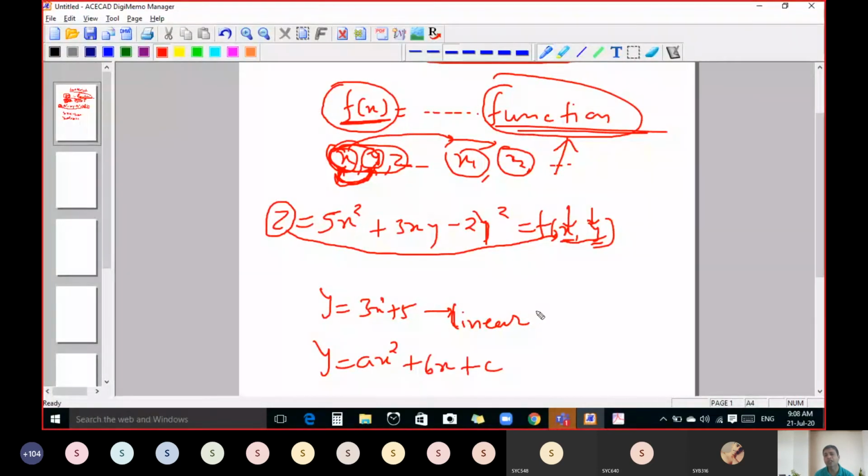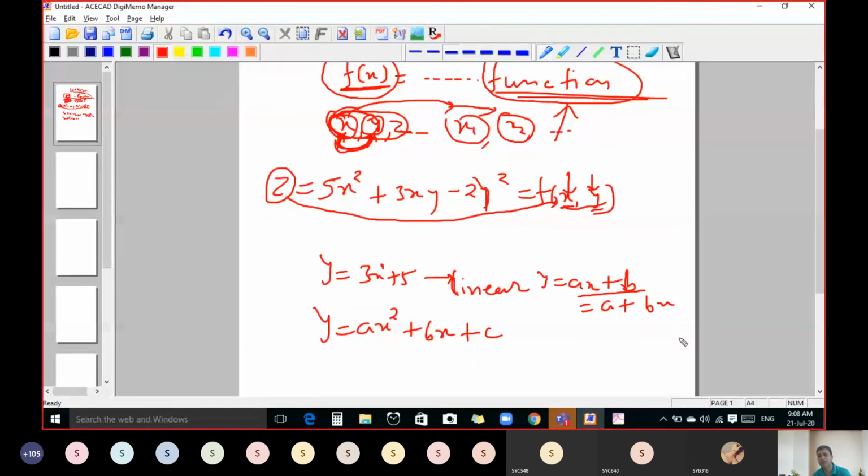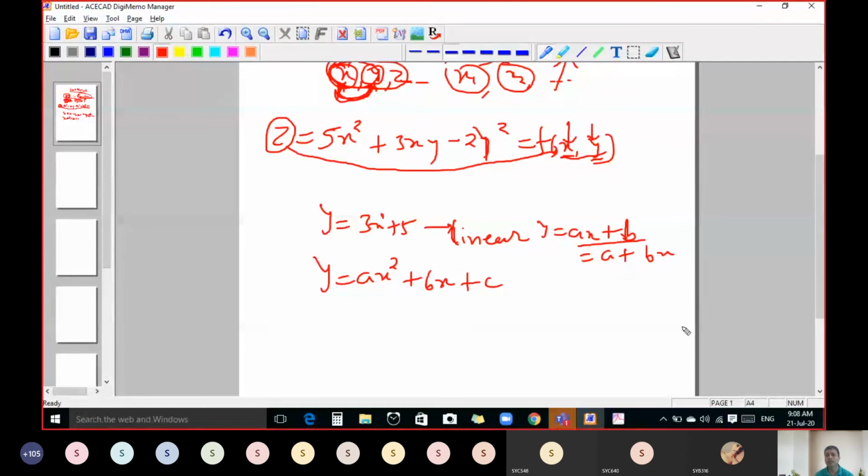Linear function, the general form is denoted by y equal to a plus bx or ax plus b. It's the same thing. Either you can write a plus bx, or ax plus b, both are considered as the linear function because the power of x is 1.